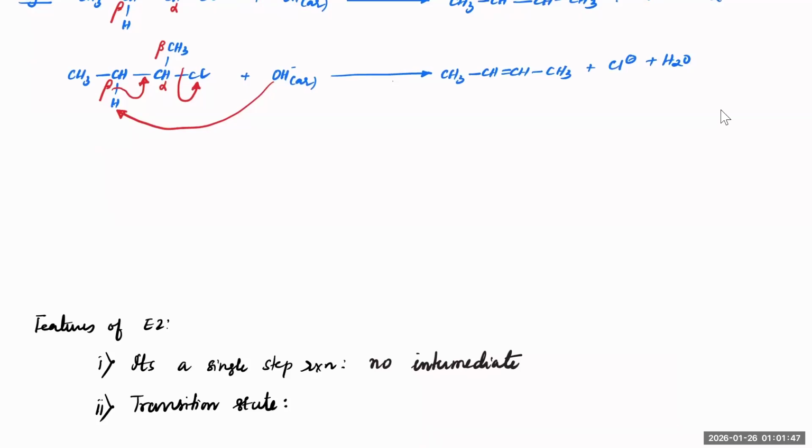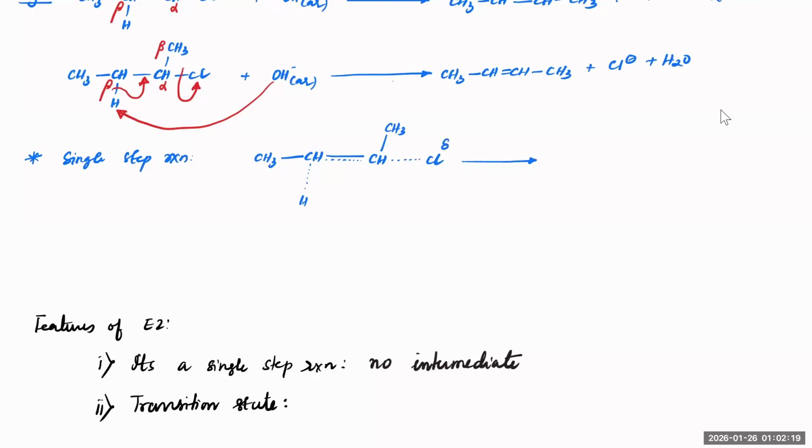Now, since it is a single step reaction, you can check out the transition state and how it changes. This CH bond is breaking, and one double bond is getting made, and the C-Cl bond is breaking and converting into a minus charge.